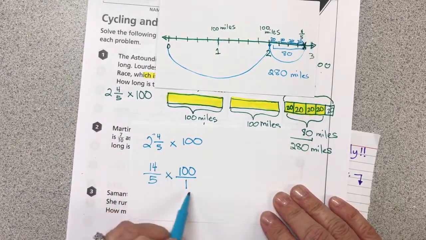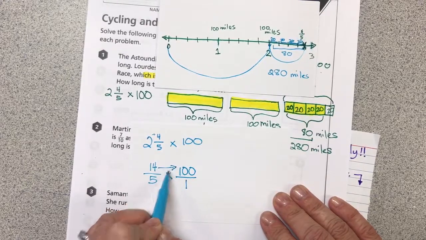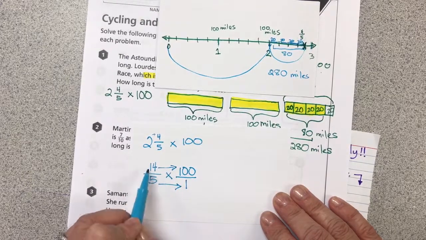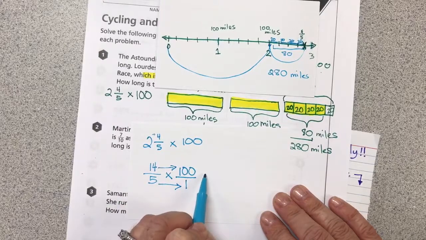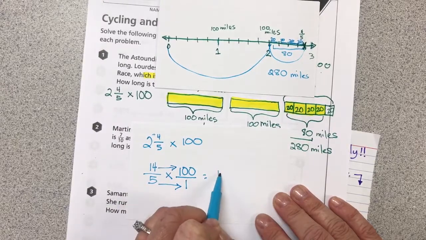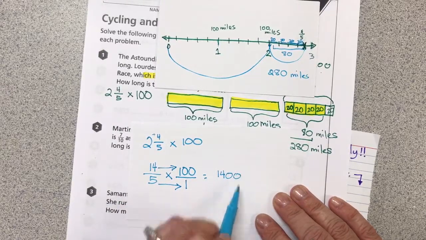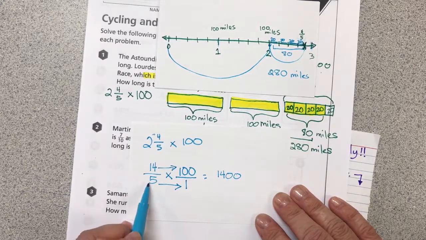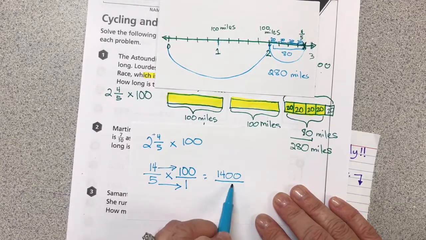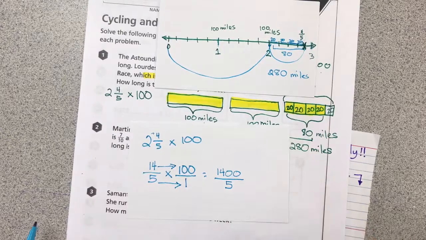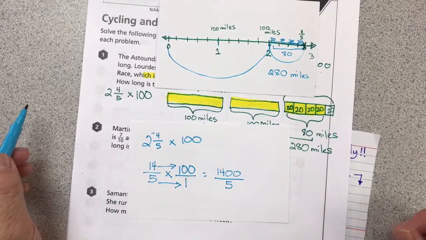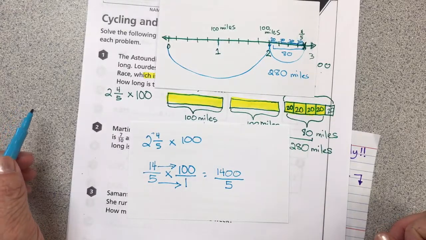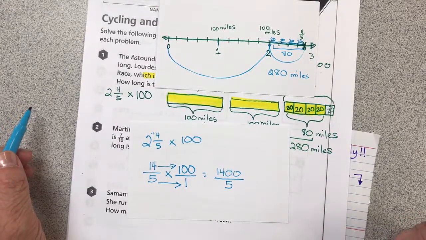And then once you do that, you multiply across. So 14 times 100 is 1400, and 5 times 1 is 5. Once you have that, then you need to reduce this fraction and create a mixed number.